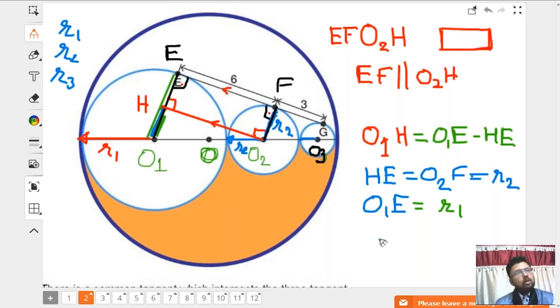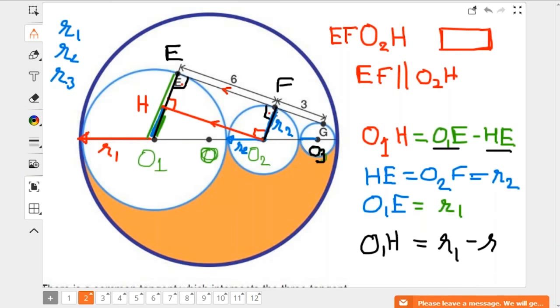So we can write O1H, I'll change the color, O1H is equal to O1E minus HE. O1E was R1 and HE was R2. Is this clear? Yes. Okay, so O1H is equal to R1 minus R2.